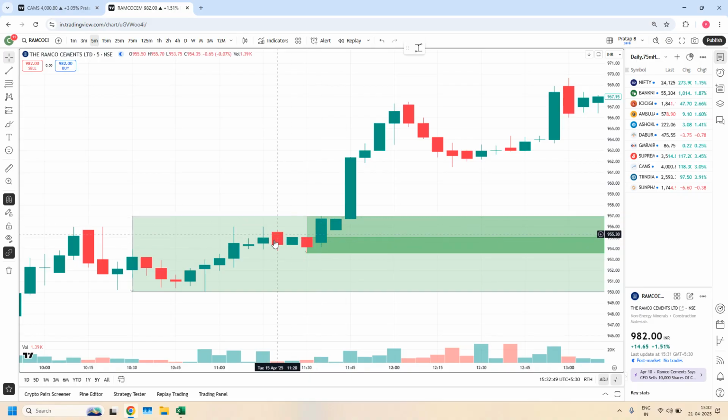If you are not convinced this is the base, still you can draw a zone. This is the large candle, and a large candle you can use as a leg-in. This is not a medium size. Large candle: 1, 2, 3, 4, 5 base candles and a rally candle. This one I considered as a leg candle, the leg-in. These 2 are base and this is a rally.